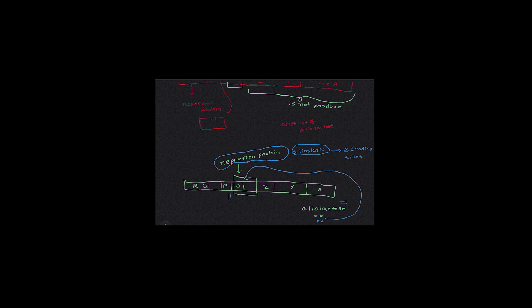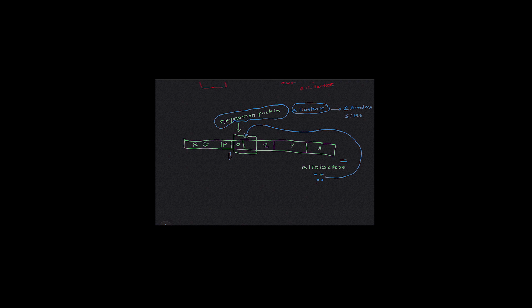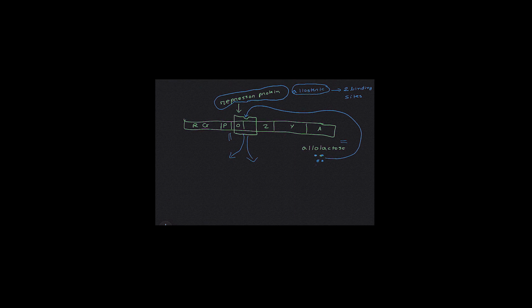So when allolactose binds to our repressor protein on one side, the other side, which usually binds to the operator region, is blocked. So when this happens, the repressor protein gets shifted out of the operator region.